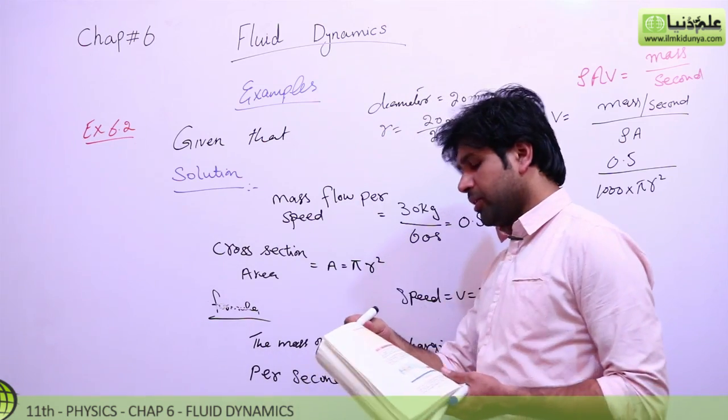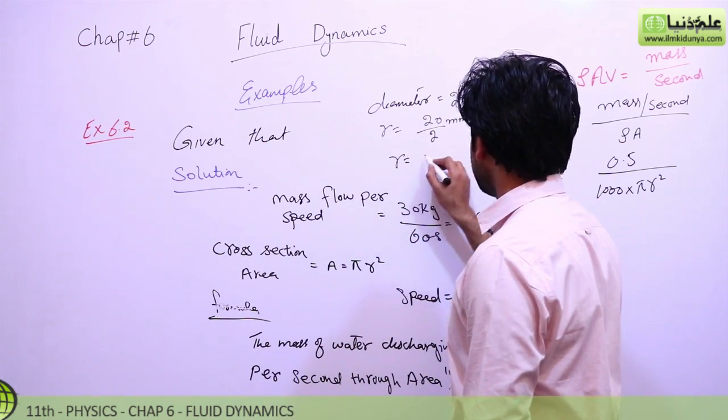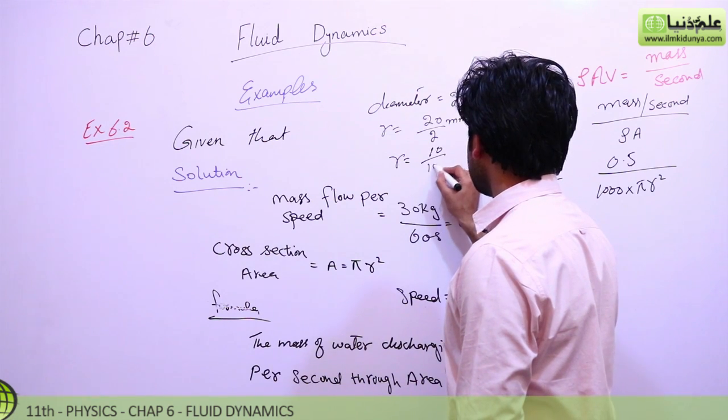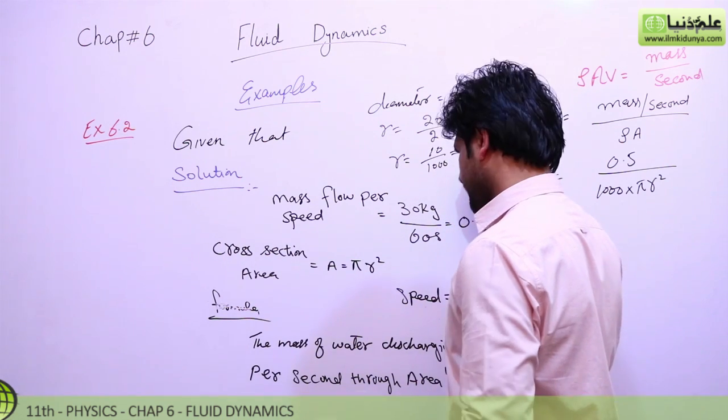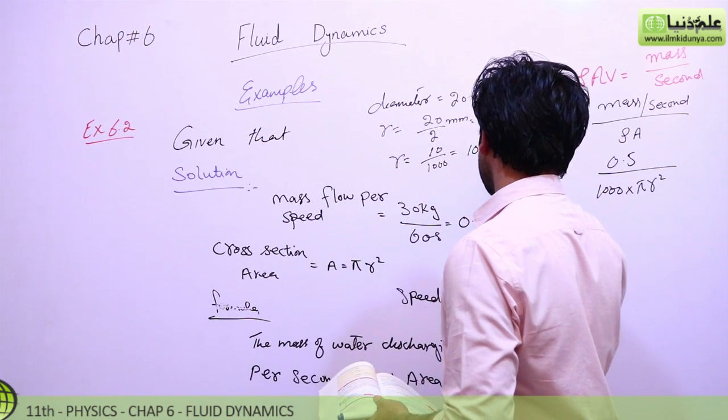Okay students, we can find the radius in meter. We will divide 10 by 1000, then we can have 10 into 10 raised to power minus 3 meter.